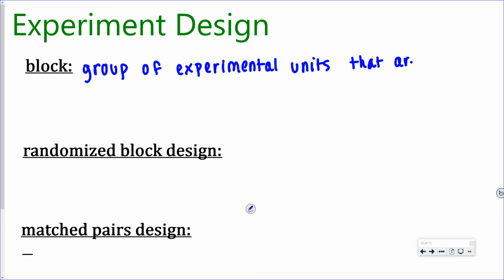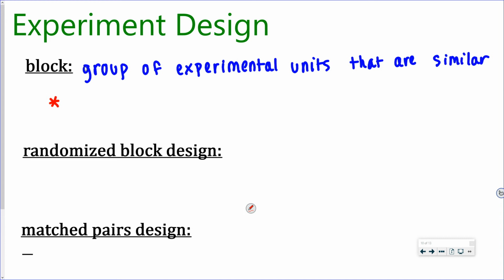So grouping of the experimental units that are similar. And usually these blocks are chosen based on what we're testing. If we think these groups are associated with what we're testing, such as gender. Do we think females react differently than males to whatever we're testing?